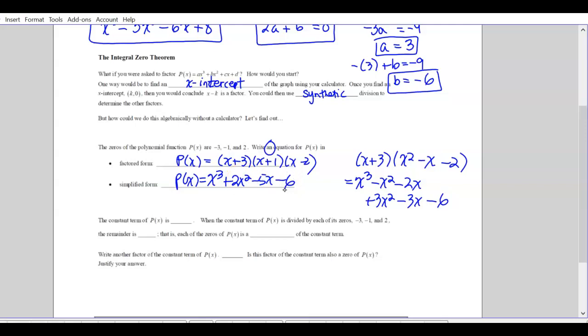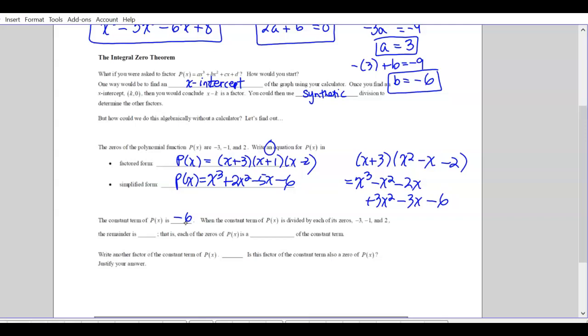Notice the constant term. What is it? It's -6. How did we get that constant term? In the two binomials we got -2, so we multiplied those two constant terms to get -2, and then multiplied that by the 3 in the first factor.